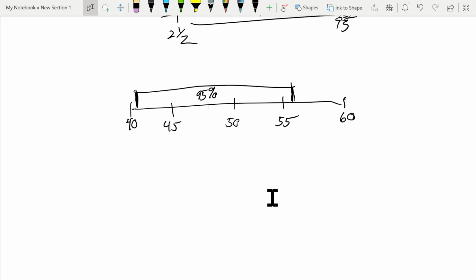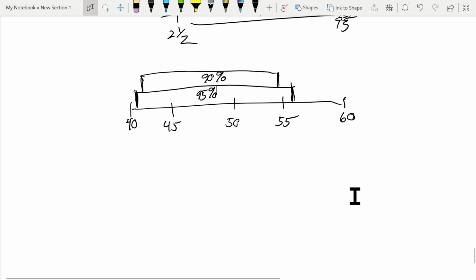I'm going to stack these on here. 42.8 to 54.9. And that's the 90% interval.